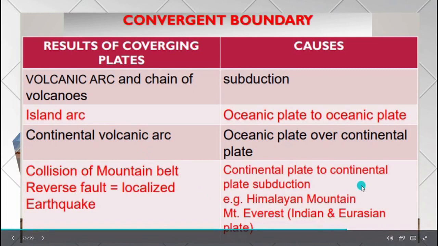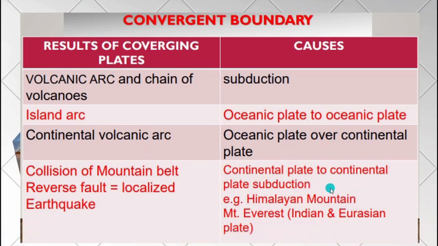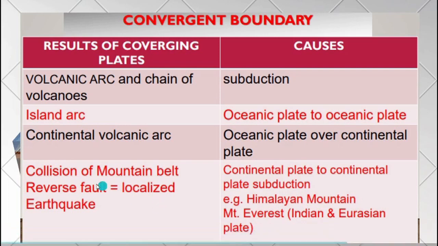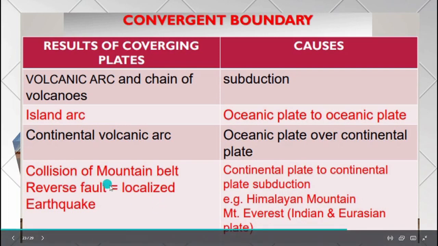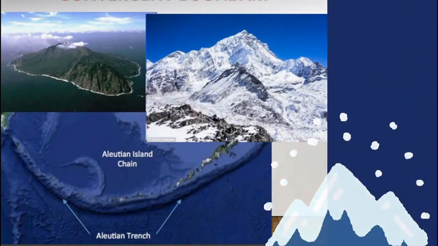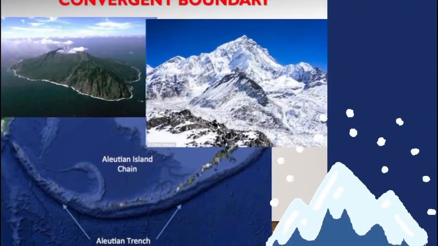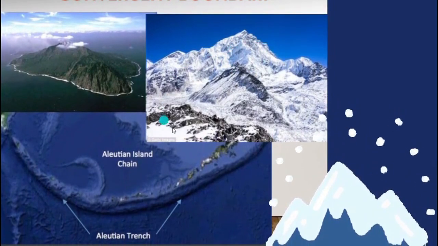When there are colliding continental plates, like in the Himalayan mountains, Mount Everest, in the Indian and Eurasian plates, this may result in the formation of collision mountain belts, reverse faults, or earthquakes. So this is what I was talking about earlier. This is the Himalayan mountain.